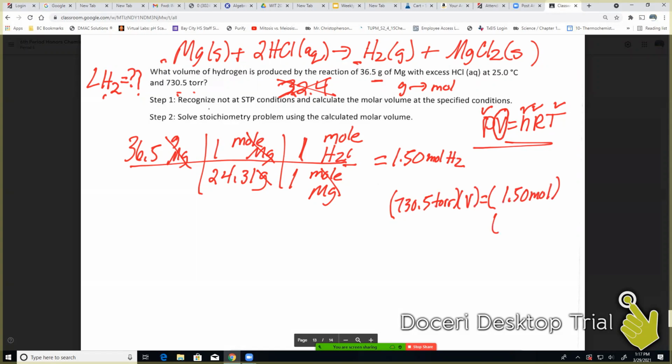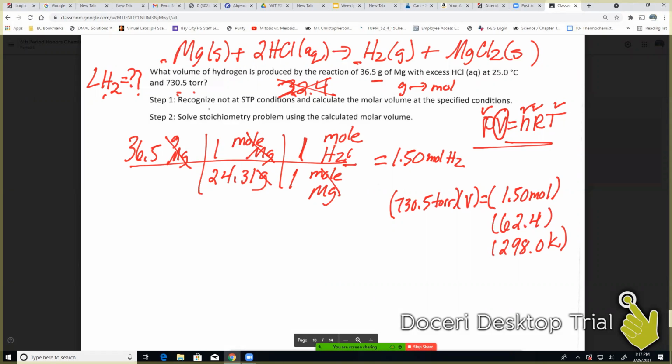Since we're in torr, we wouldn't use a 0.0821. We would use 62.4 as my R. And then my temperature, I would take 25 plus 273, which would give me 298 K. Kind of ran out of room to put them.